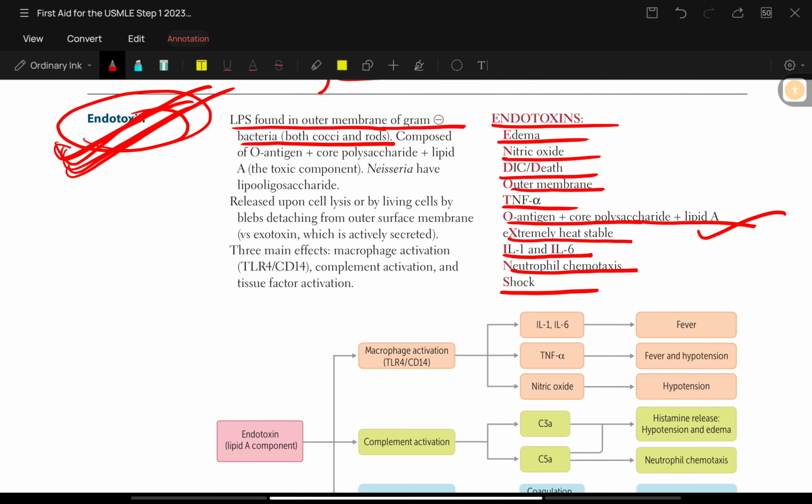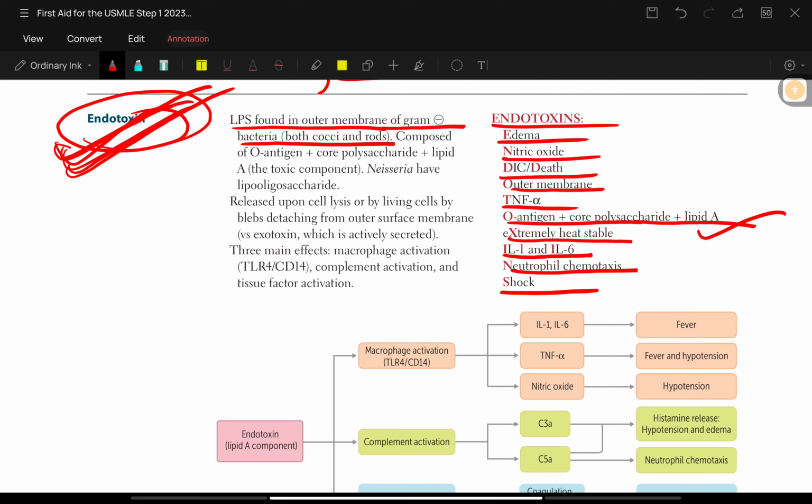All other gram-negative bacteria have lipopolysaccharides in the outer membrane leaflet. They are released upon cell lysis or by living cells through blebs detaching from outer membranes, versus exotoxins, which are actively secreted.